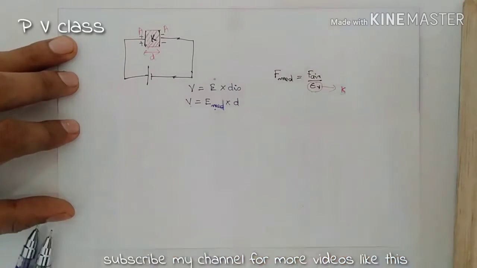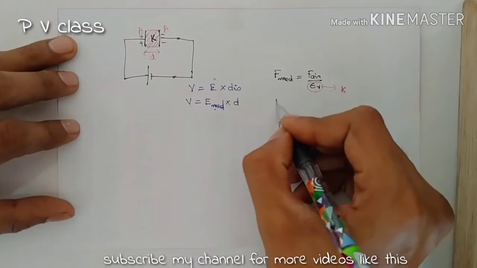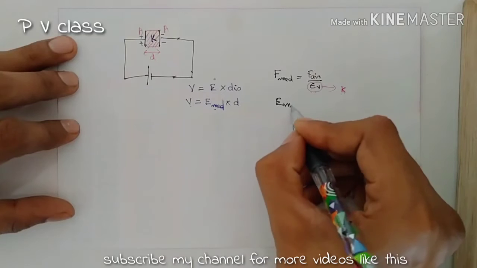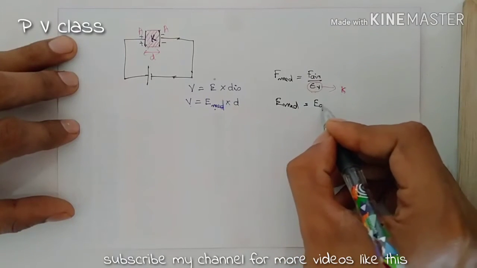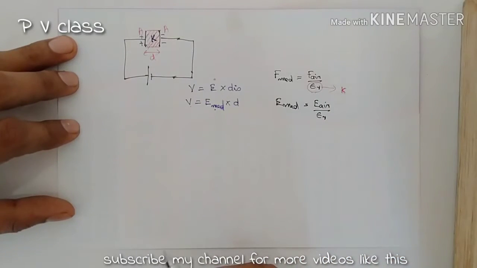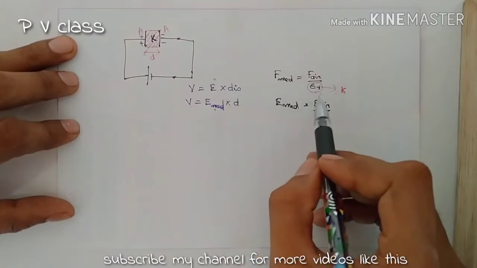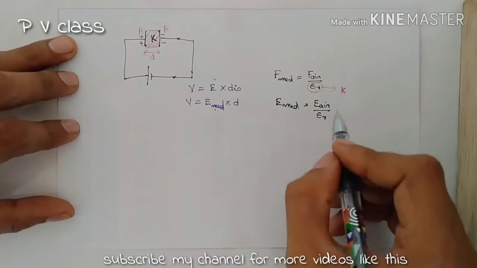Therefore, force in medium is force in air divided by epsilon r. Likewise, we could say electric field intensity in medium is equal to electric field intensity in air divided by epsilon r.